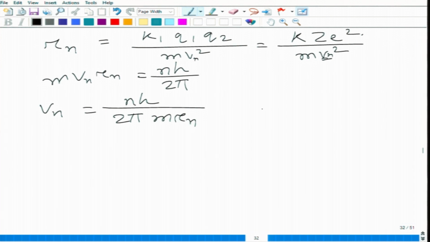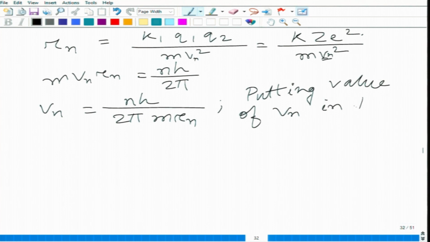So we will put the value of vn in the expression of Rn. Putting the value of vn in the equation, let's say this is equation 1.